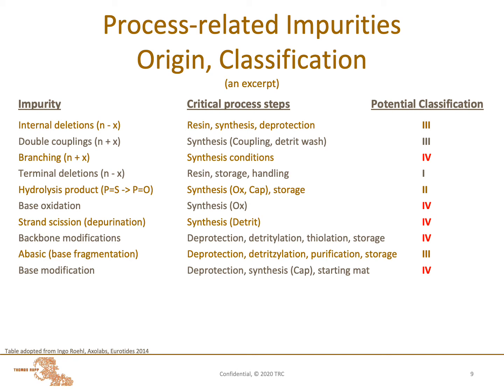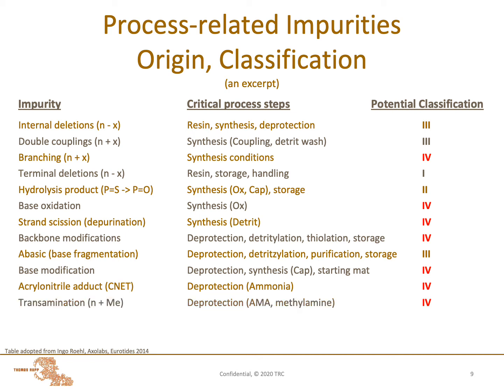The capping impurity would be the triazine plus 85 impurity, which has been described in the literature. Acetonitrile adduct, CNET, everybody has heard about that. It happens during the deprotection with ammonia. It's a class 4 impurity. Transamination is N plus methyl, especially the C base. It's plus 14. It's deprotection related and happens mainly in ammonia methylamine or just plain methylamine deprotection.